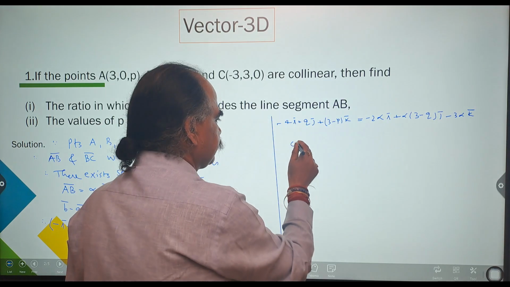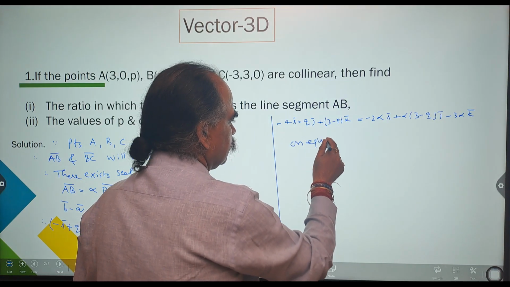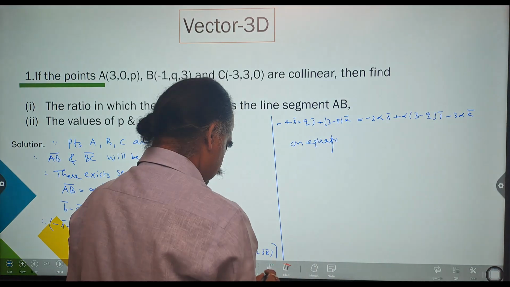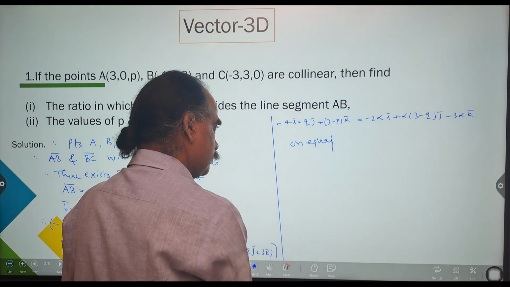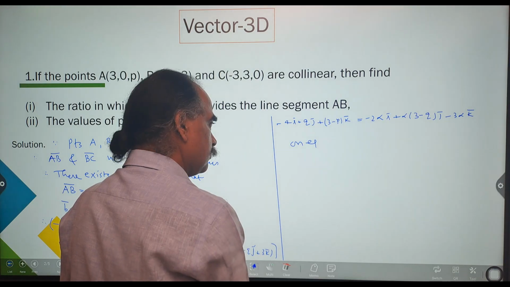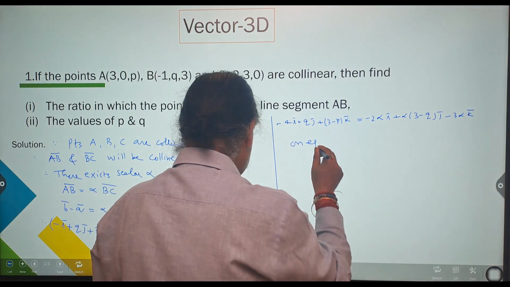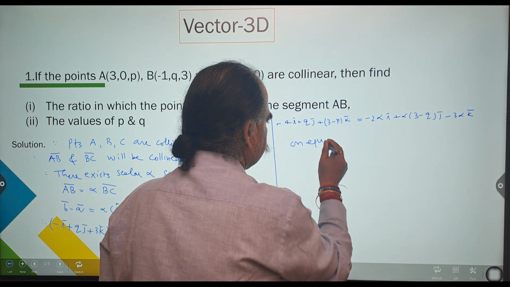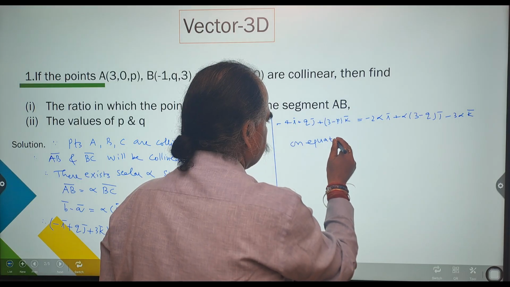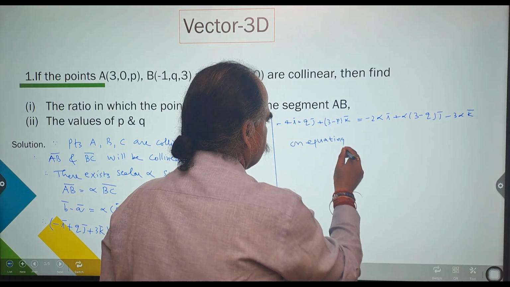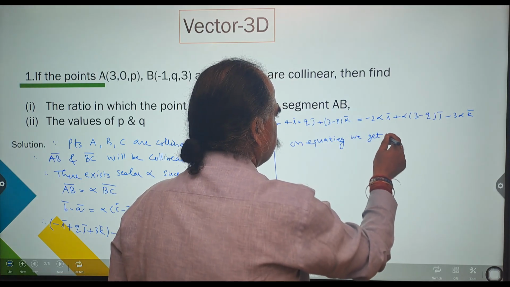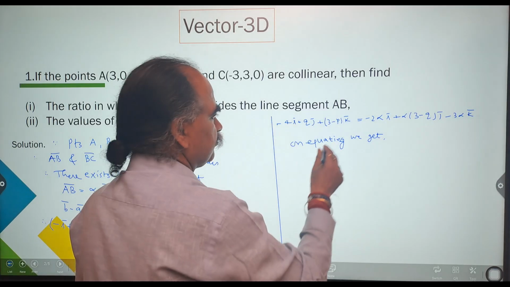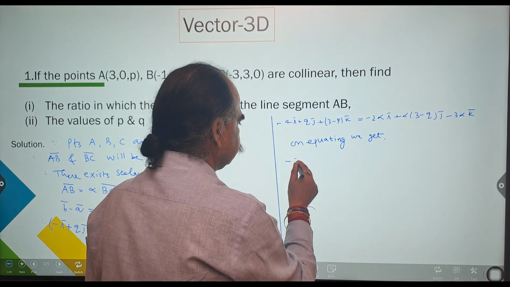On equating, we get, minus 2 alpha is what?